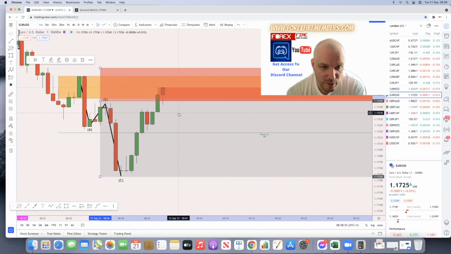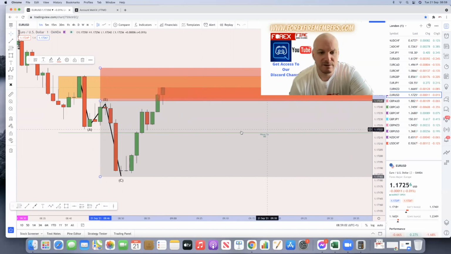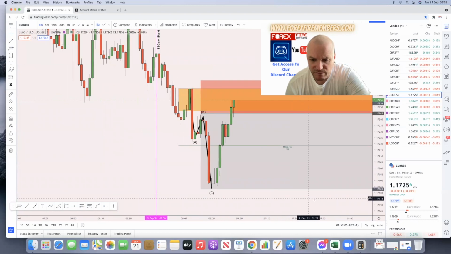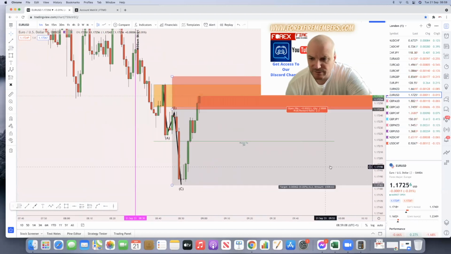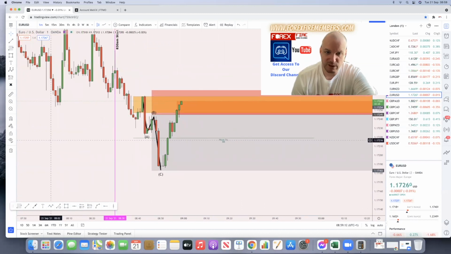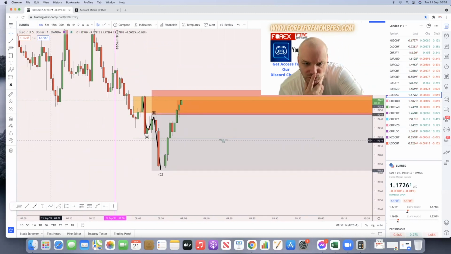This looks as if it's going to come and push us out and give us a minus. We'll wait and see. Let's just scroll this in. Yeah, it's pushing. It's going to push out. It's too strong.